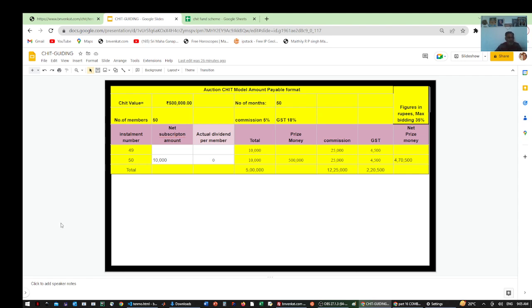Therefore, as I told earlier in the previous sessions, the foreman can earn as much as 17,25,000 rupees. The foreman can win 12,25,000 rupees by commission and 5 lakh rupees from the second month proceeds. Totally he can earn around 17,25,000 rupees.